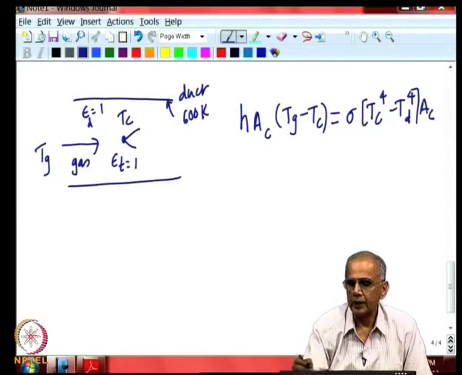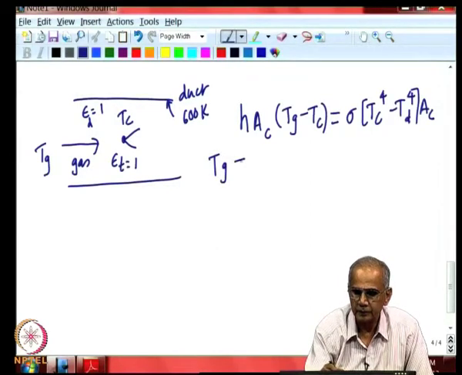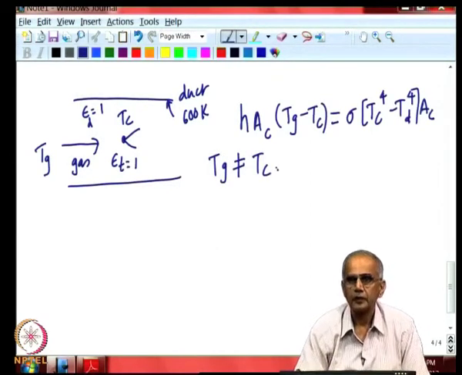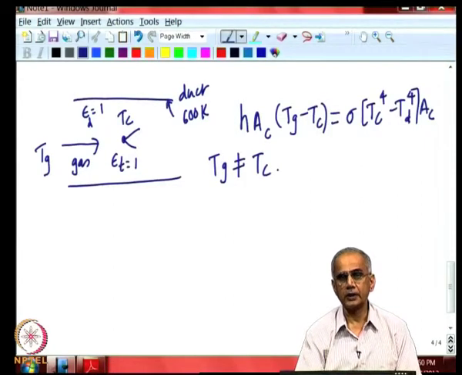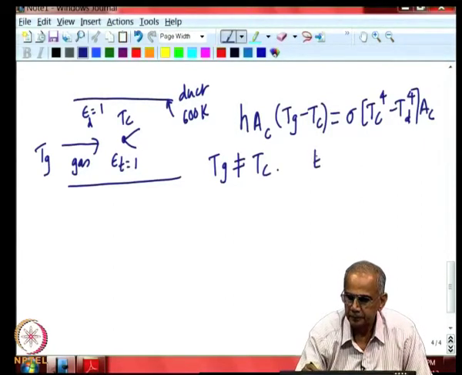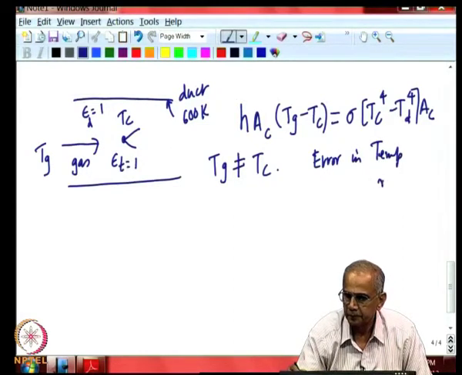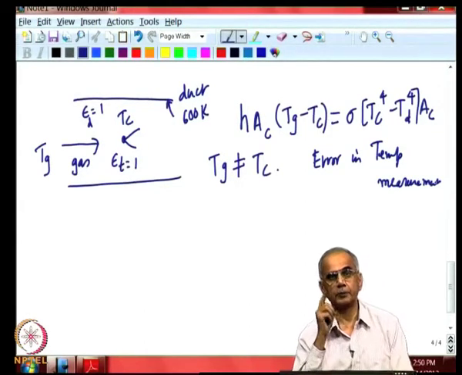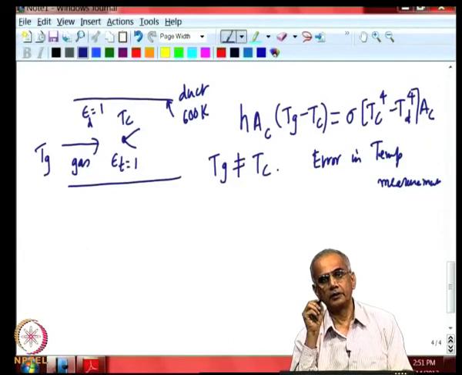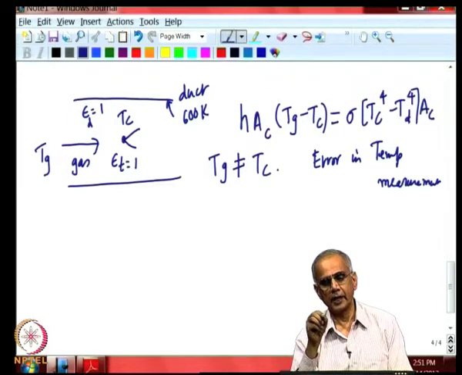On account of this balance, Tg will not be equal to Tc, and our interest is to understand the error in temperature measurement. Our aim is to measure the temperature of the gas, but the temperature of the thermocouple will be between the temperature of the gas and the temperature of the duct.